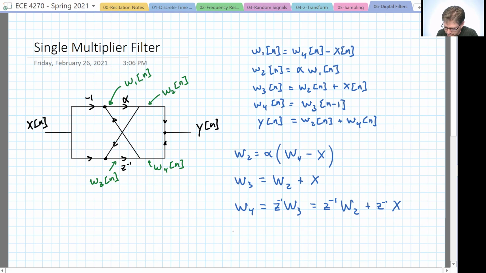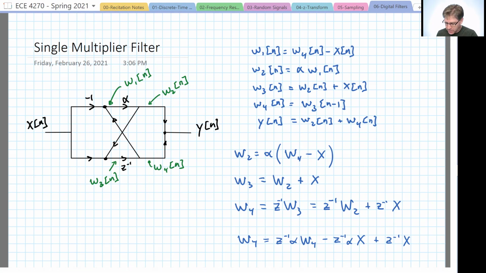So that gives us W4 equals z to the negative 1 alpha W4 minus z to the negative 1 alpha x plus z to the negative 1 x. Okay, now we're getting someplace.